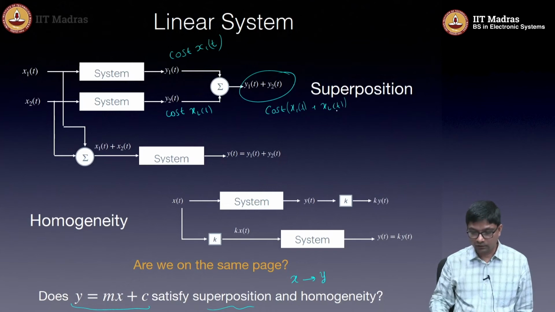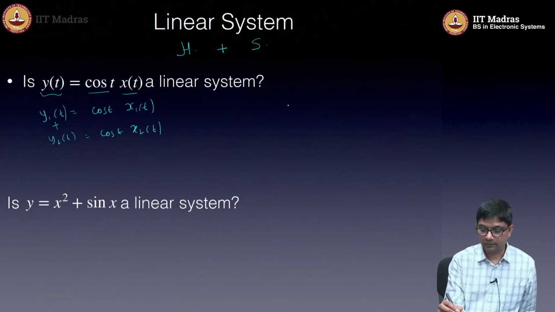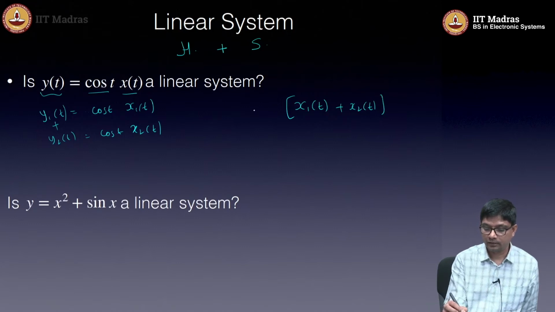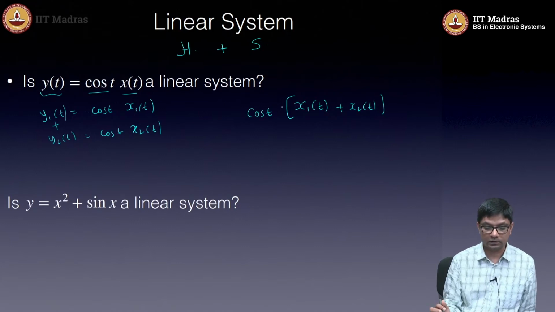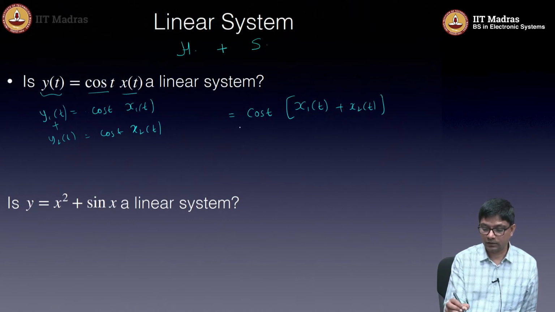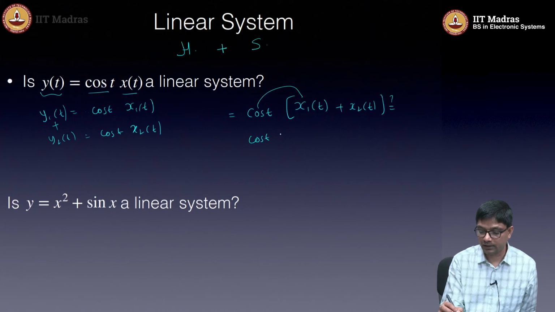Okay, so instead now what I do is I give input as x1 of t plus x2 of t. How does the transformation happen from input to output? Via this term cos t. So what does this give me? Since this is the distributive law for multiplication, I have cos t of x1 of t plus cos t of x2 of t.